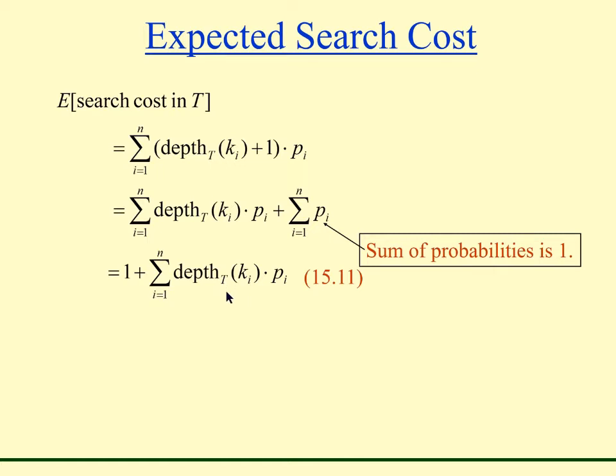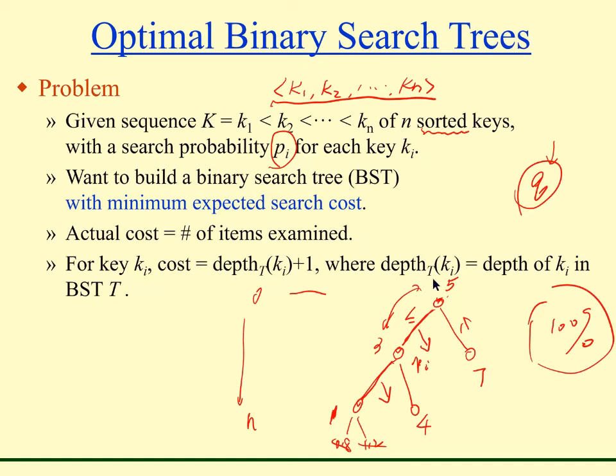So that means you need to find a binary search tree, or how to arrange those keys. There's n keys. Because of the binary search tree, we can have a lot of arrangements. You can select any of them as the root. Even when you have decided the root, you can also change the subtree, the left subtree and the right subtree. You can have multiple choices.